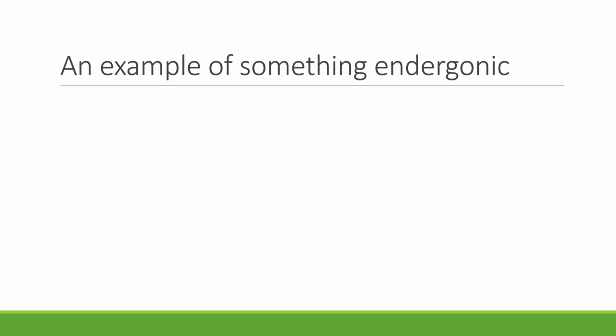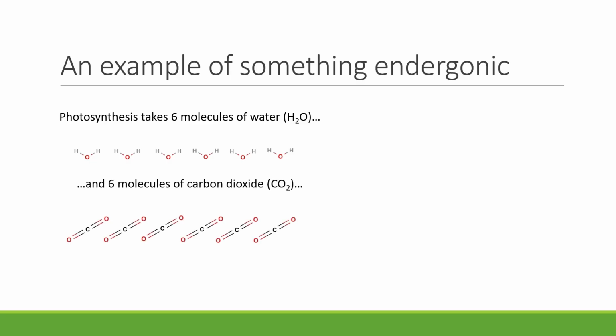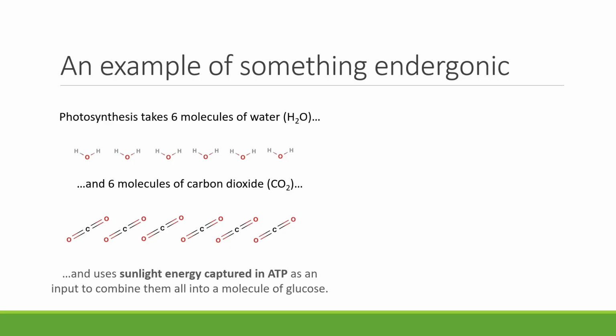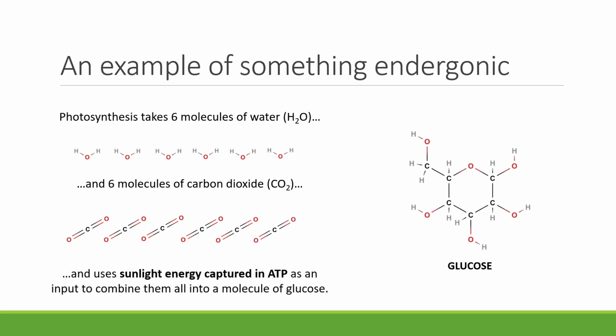Well, here's one that you've likely heard of and that we'll be talking about a lot more in Chapter 8, covering photosynthesis. Photosynthesis is an endergonic process that takes 6 molecules of water, H2O, and 6 molecules of carbon dioxide, CO2, and uses the sunlight energy that it captures in the form of ATP to combine all of these little pieces of molecules into a bigger complete molecule of glucose.